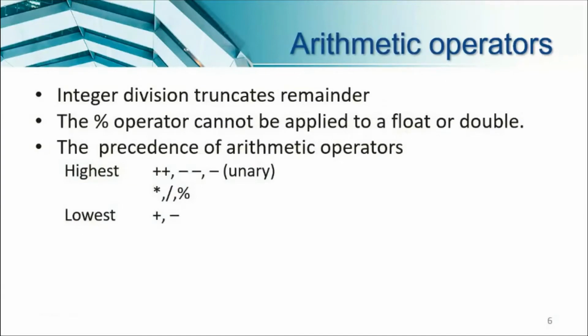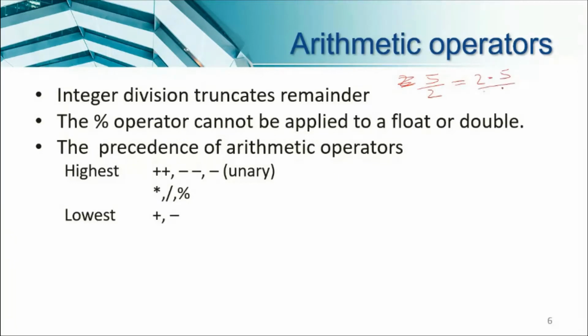So we said the integer division truncates the remainder. That is the problem. If we divide 5 by 2, we know that 5 divided by 2 is 2.5.